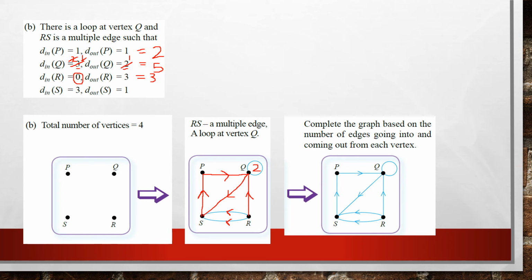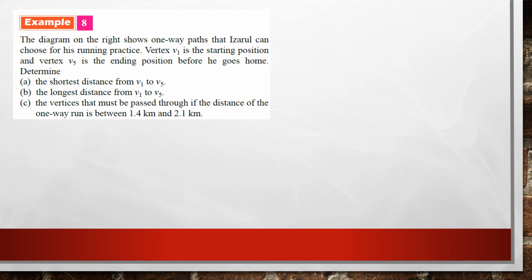Next we look at example 8. The diagram on the right shows a one-way path that Izarul can choose for his running practice. Vertex V1 is the starting position and vertex V5 is the ending position before he goes home.